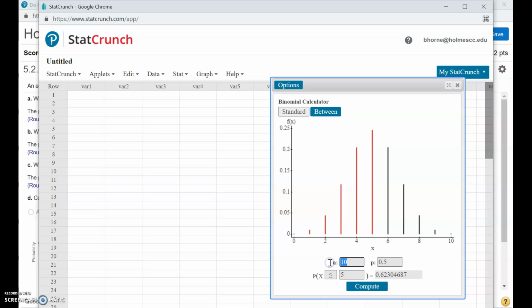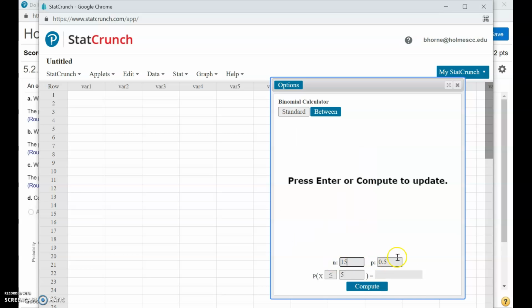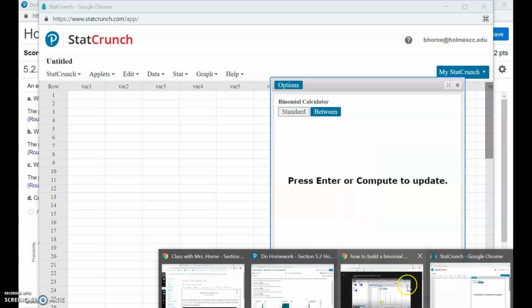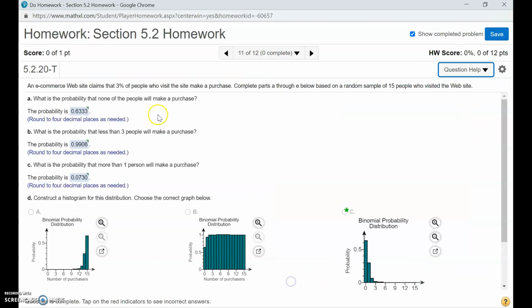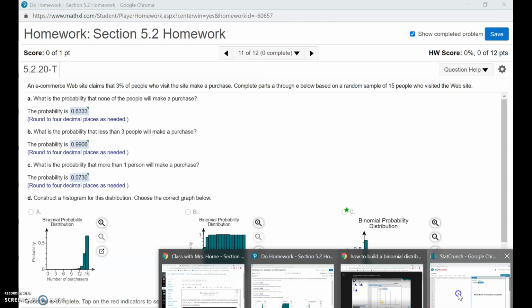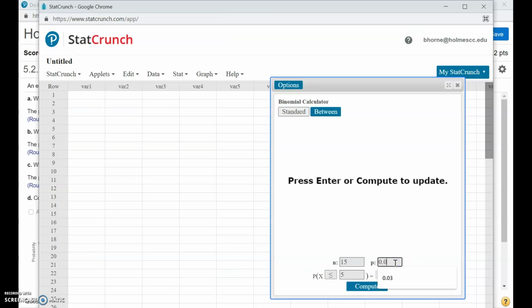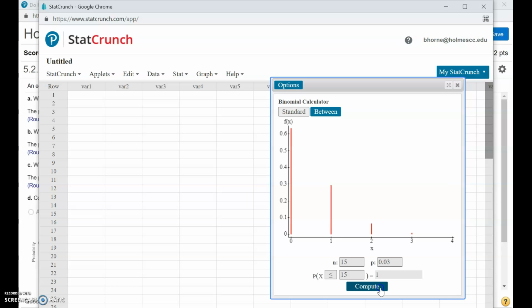And n was 15, and our probability of success was 3%. So we need to do 0.03. And then if we just want the whole distribution and it goes up to 15, you can do less than or equal to 15.